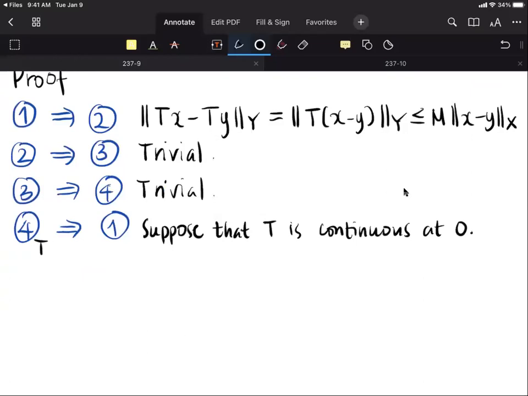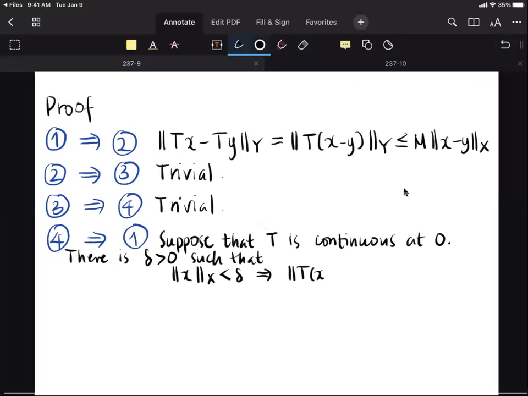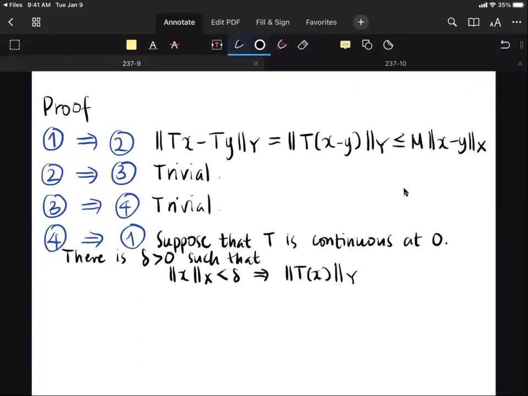So there is a positive delta such that if the norm of x minus 0, so that's basically the norm of x, is less than delta, then the norm of T of x minus T of 0, but this one is equal to 0, so we can ignore that, is less than epsilon, and as I said, we take epsilon to be 1.